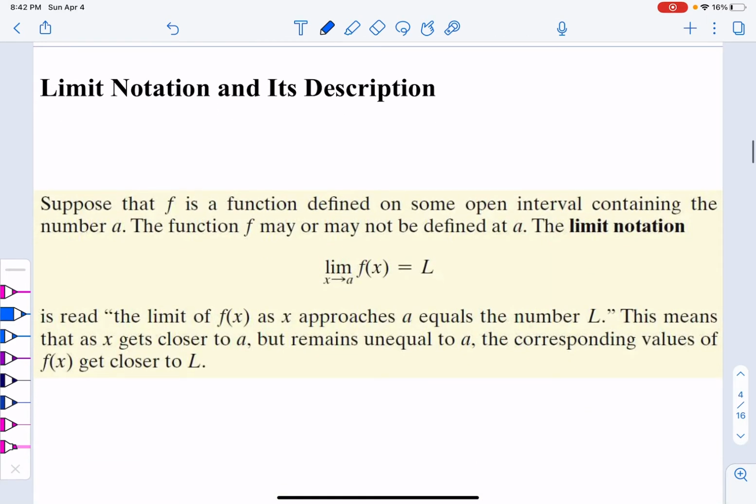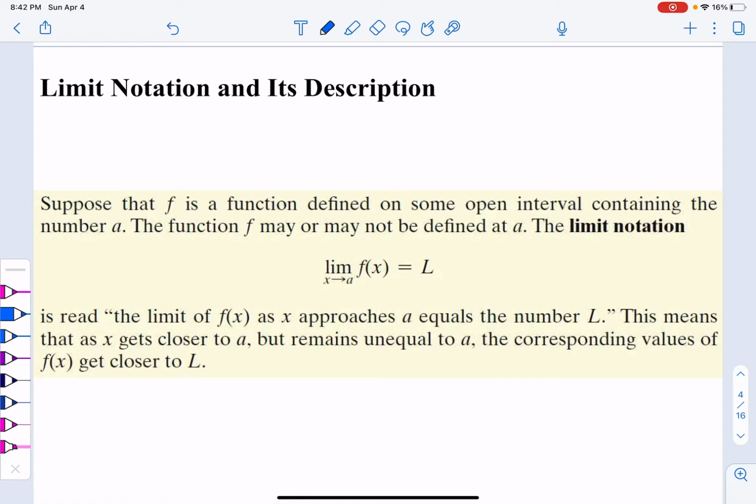Now the limit notation and its description. Suppose that f is a function defined on some open interval containing the number a. The function f may or may not be defined at a. The example we just looked at was not defined at that value of a, because if we divided by that number, we'd get an undefined value.